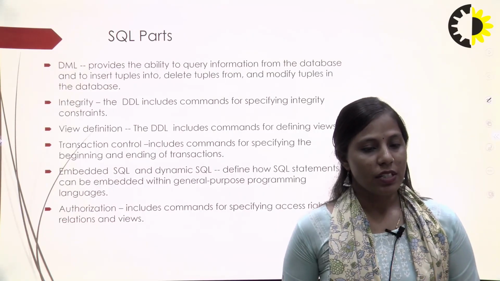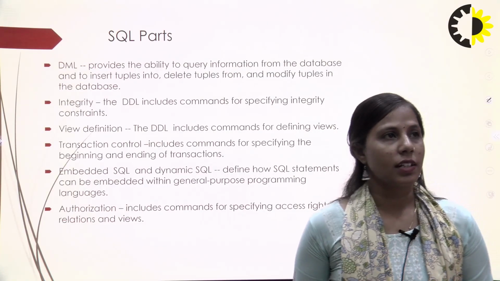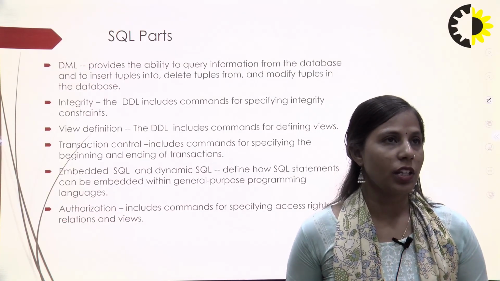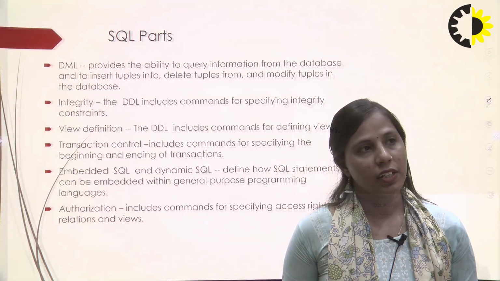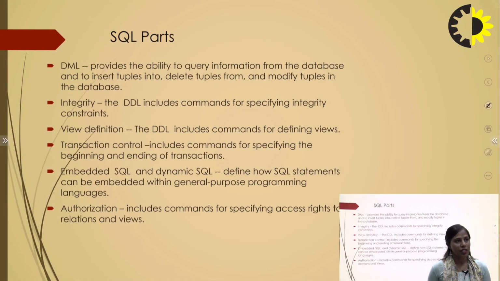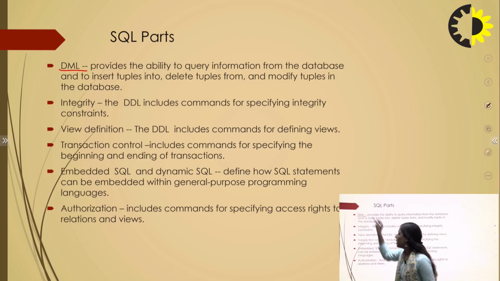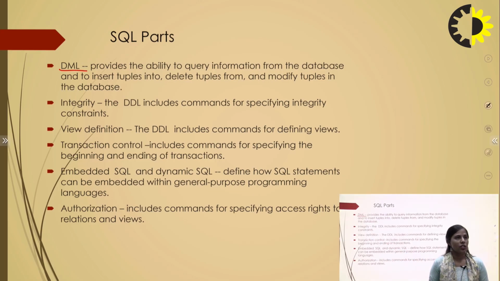Now talking about the SQL parts, there are various parts of SQL in which we define the DML, the integrity, and the view definitions. So we are going to discuss the various parts of SQL. First of all, let's discuss the first part, that is the DML. DML is the data manipulation language, which provides the ability to query, so that information can be accessed from the databases.